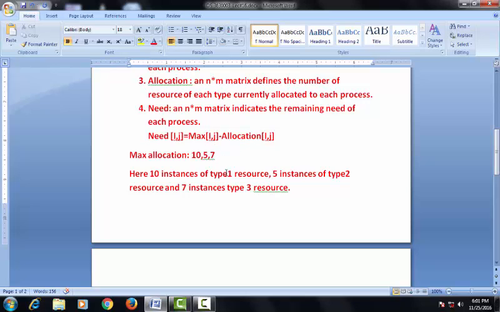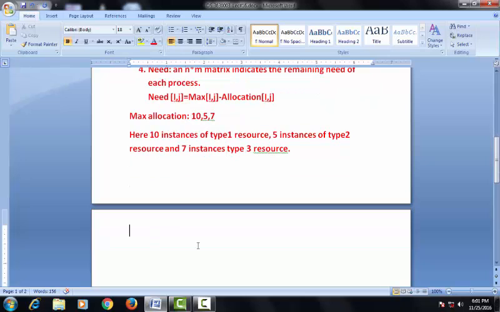For example, for process P0, maximum is suppose 10, 5, 7, and allocation is suppose 0, 1, 0.